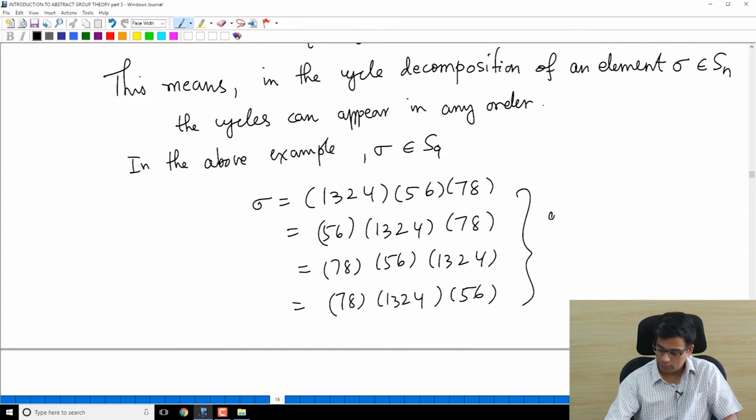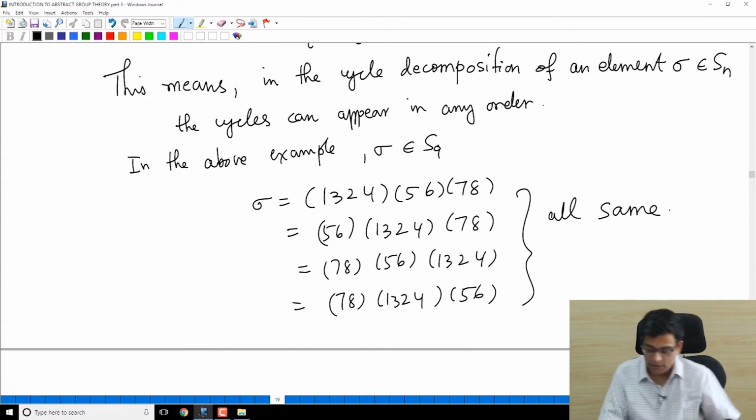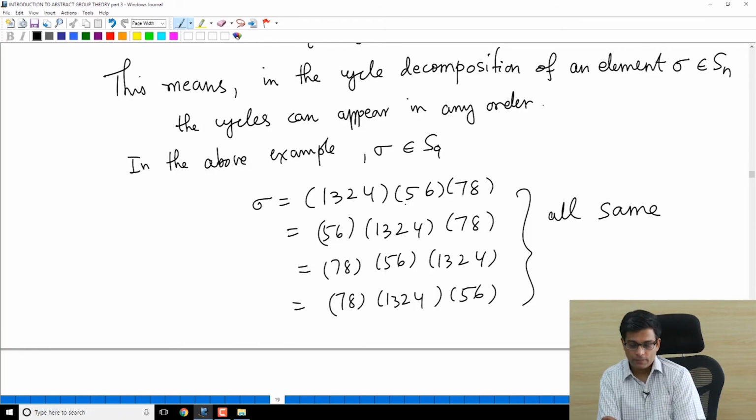They are all the same. That is because the indices are disjoint. So whatever happens within (1 3 2 4) doesn't interfere with what happens with (5 6) and with what happens in (7 8). So I can do it in any order.